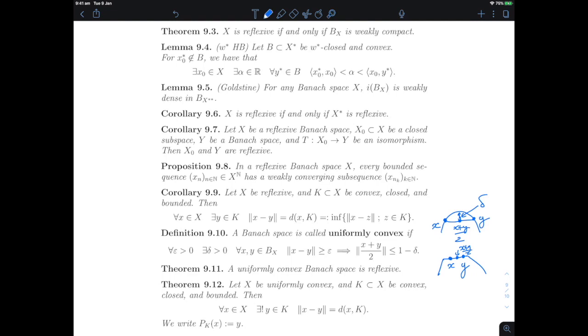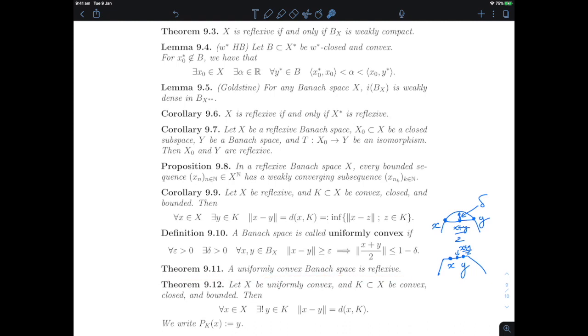So this very geometric condition of uniform convexity of the norm happens to imply reflexivity. So this is really geometry of Banach spaces. It's geometry of the norm implying a more algebraic and topological property, which is reflexivity. We will prove that in theorem 9.11.